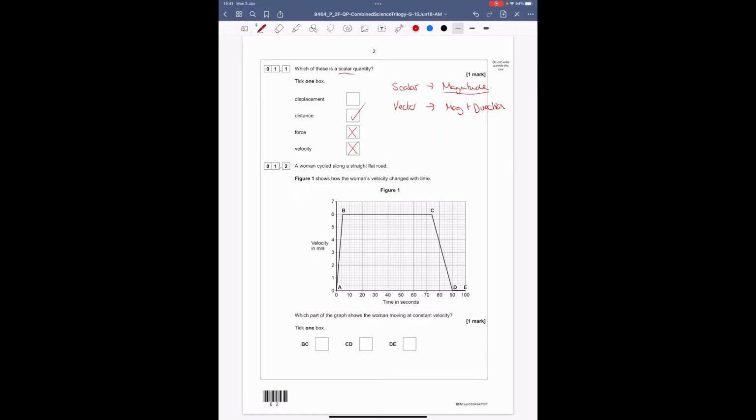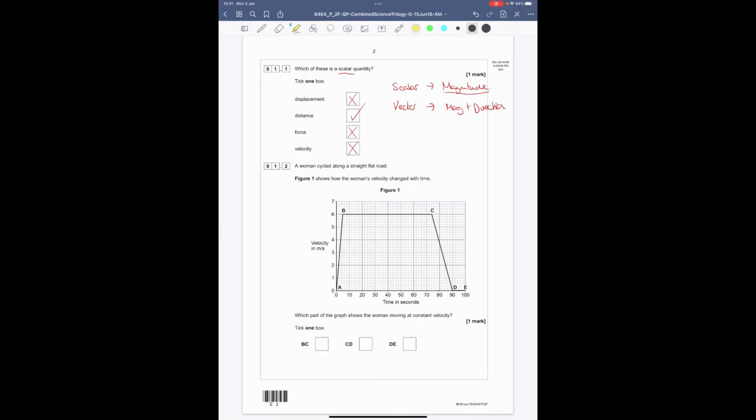So therefore I would think it would be distance, because displacement is how far you've moved from one position to another in a certain direction. So all of the other three would be vector quantities. Distance is just an amount, therefore it's a scalar quantity.